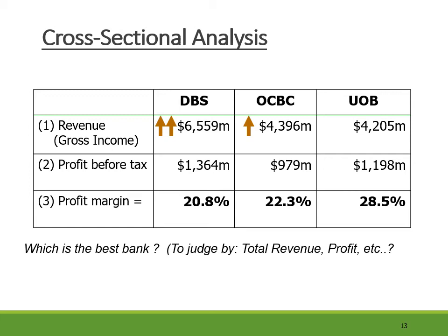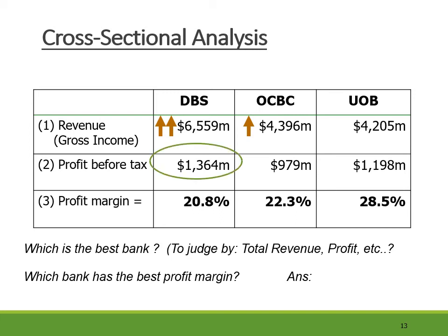By total revenue, profit, or profit margin? Which bank has the best profit margin? We can see that DBS has the highest profit before tax, but the one that has the best profit margin is UOB, standing at 2.85%. So the answer is UOB.